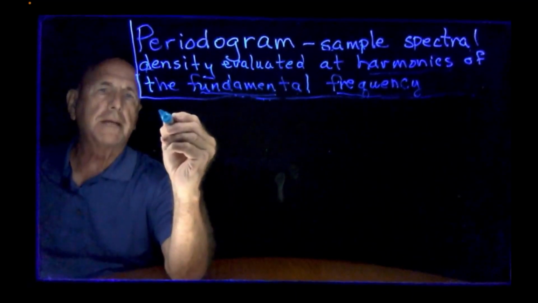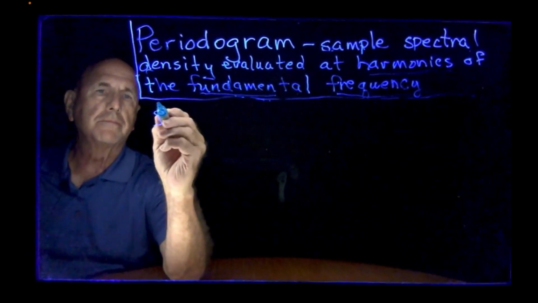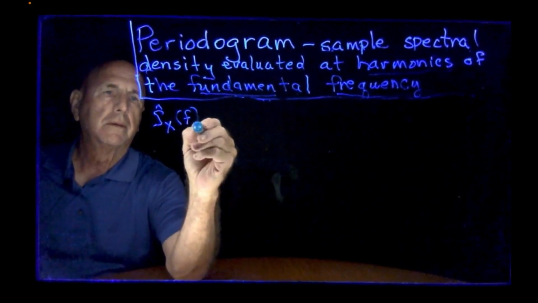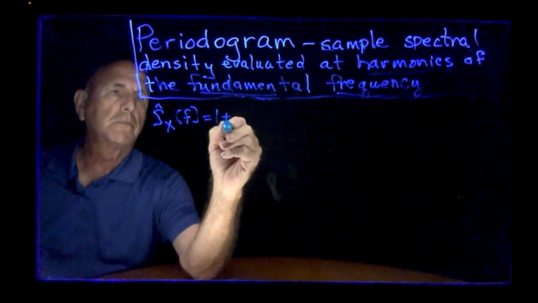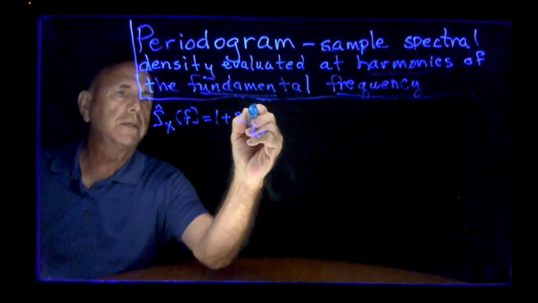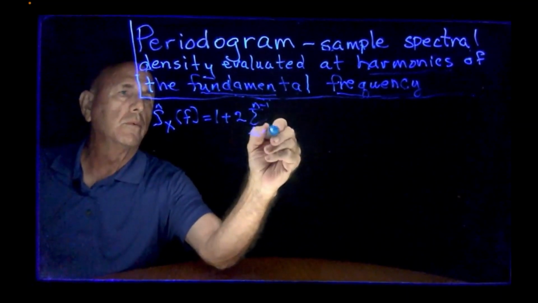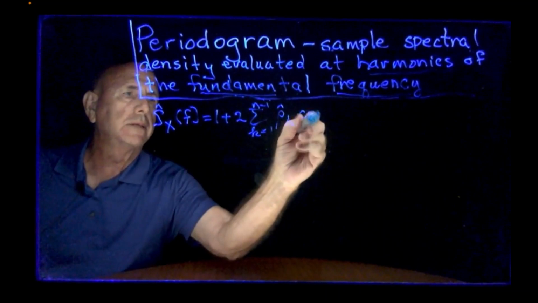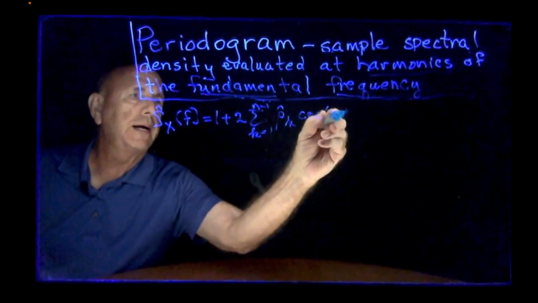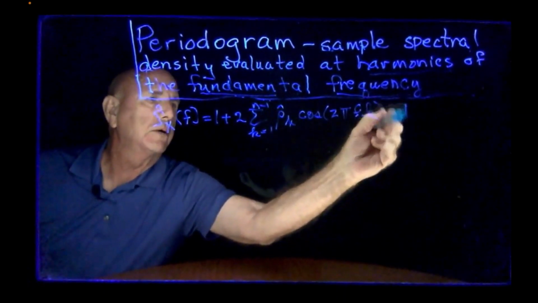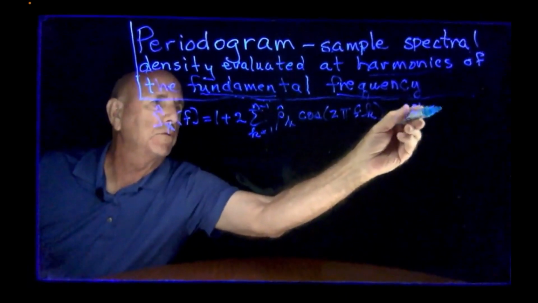So let's remind ourselves that the sample spectral density is equal to 1 plus 2 times the sum, k goes from 1 to n minus 1, of rho hat sub k, the sample autocorrelation, times cosine 2 pi f k, and that's for f less than or equal to 0.5.